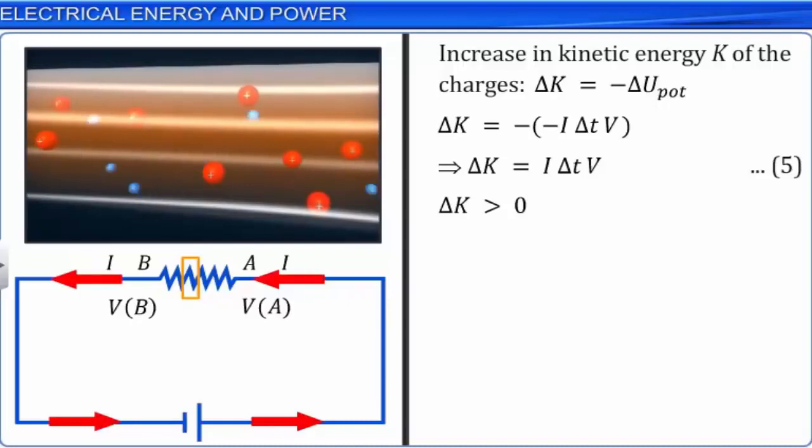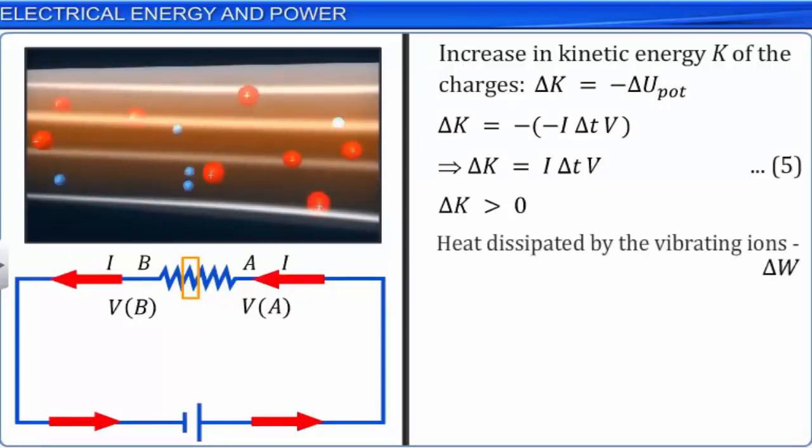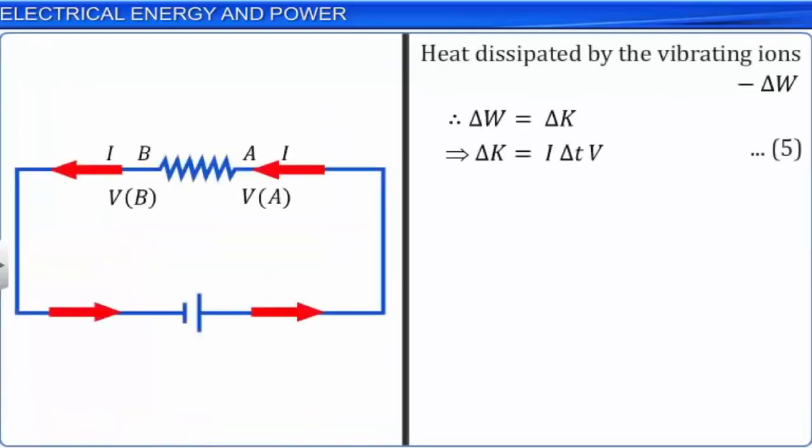The heat dissipated by the vibrating ions is represented by delta W. This delta W is nothing but the increase in the kinetic energy of the charged particles. Therefore, delta W is equal to delta K. From equation 5, we can say that the amount of energy dissipated is expressed as delta W is equal to I delta TV.